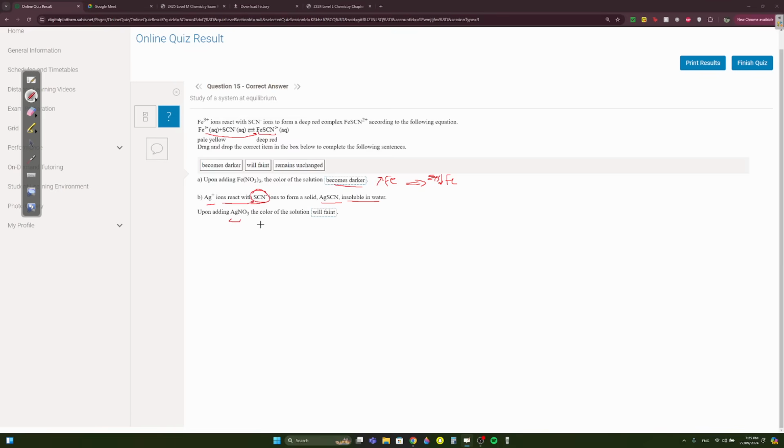So when you add AgNO3, you're decreasing the concentration of SCN, right? To counteract, the system must increase the concentration of SCN. To increase the concentration of SCN, we're going to go backward. If you're going backward, it's not going to be dark anymore. It's going to faint. Faint means it becomes lighter.